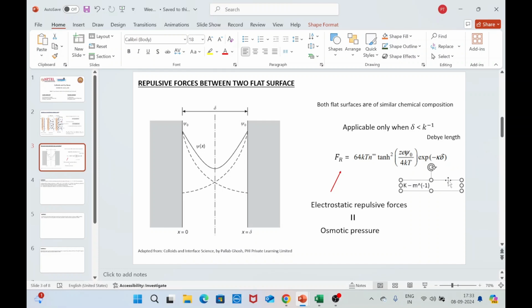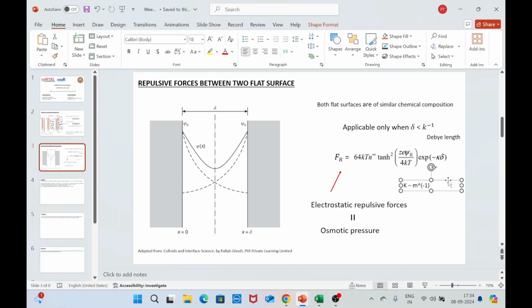So coming back, these repulsive forces, or some sort of interaction between these two flat surfaces, are only possible when the separation distance between the flat surfaces is less than kappa inverse, or less than the Debye length. Because once the flat surfaces are separated by a distance larger than kappa inverse, there will not be much of an interaction or any kind of overlap between the two flat surfaces.